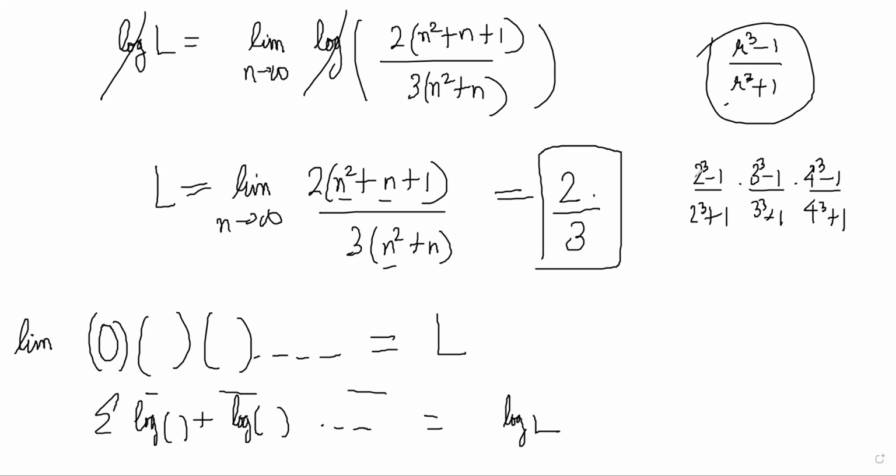Values are not matching here. So it will be 7 by 9 here, and this is 26 by 28, and this is 63 by 65. Right now if you split it and try to cancel such stuff, nothing gets cancelled.